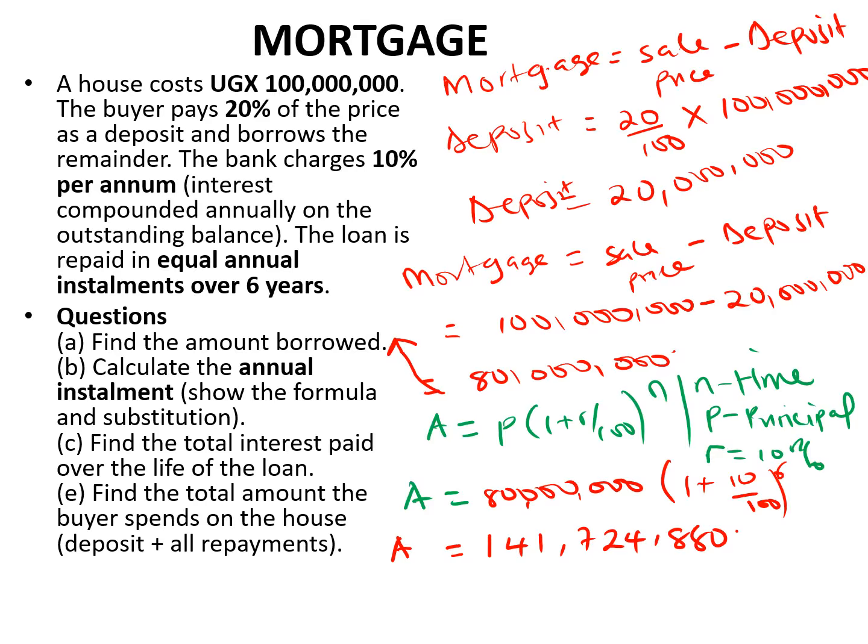Now I ask myself, how much will he pay annually? So here we say that the annual installment will equal 141,724,880 divided by 12 to get the annual installment.